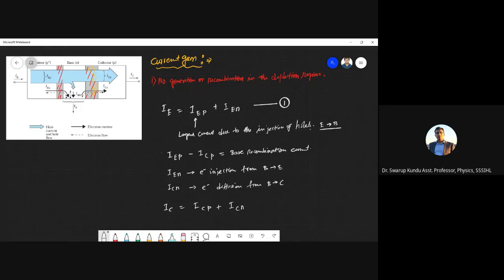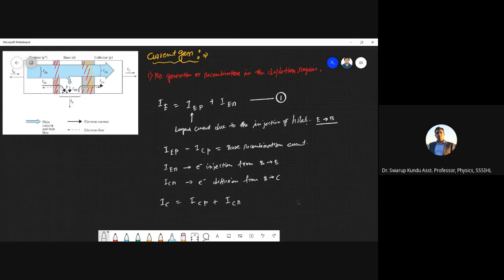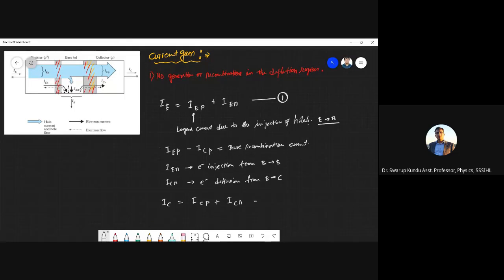And then you can apply Kirchhoff's current law, right? So I'll give this equation as equation number 2. Now Kirchhoff's current law, you can easily calculate the base current IB has to be IE minus IC, right?